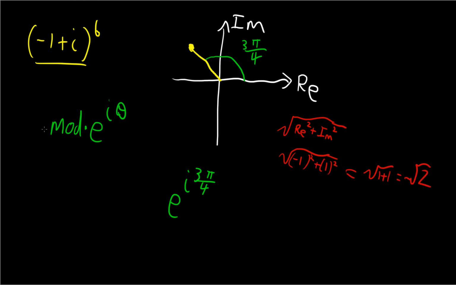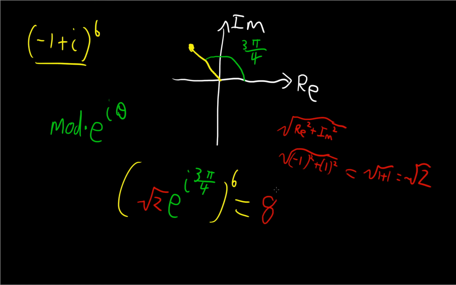Okay, now that means we've got √2 times e to the i 3 pi over 4 is our -1 plus i. And let's not forget, we want to take this whole thing to the 6th power, which is much easier now because we don't have a binomial. So square root of 2 to the 6th is 2 to the 6/2, or 2 to the 3rd, also known as 8.